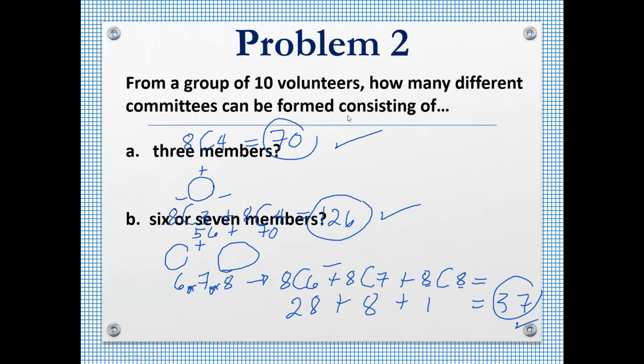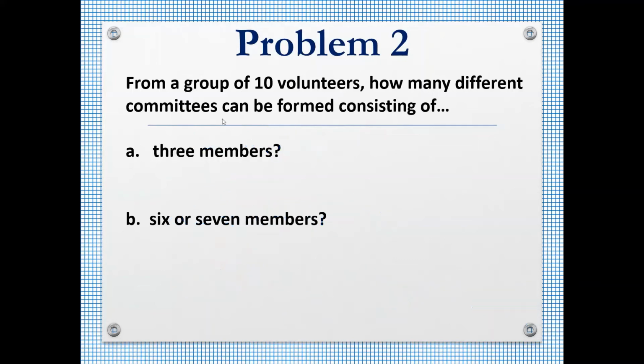Next, problem number 2. From a group of 10 volunteers, how many different committees can be formed consisting of 3 members, 6 or 7 members? Try it. Be the one to do the formula using combination.